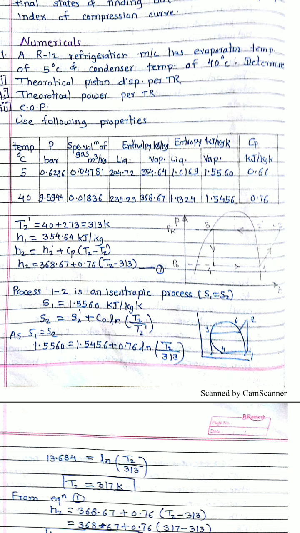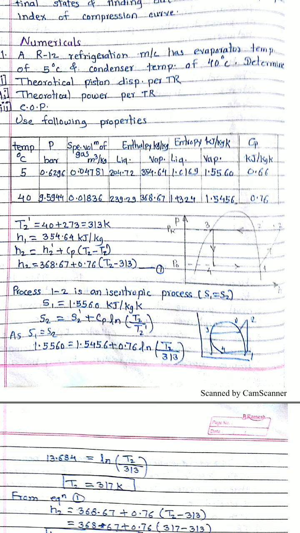The properties at 5 degrees Celsius are: pressure is 0.6296 bar, specific volume is 0.04781 meter cube per kg, and enthalpy at liquid and vapor, I will explain this later on.